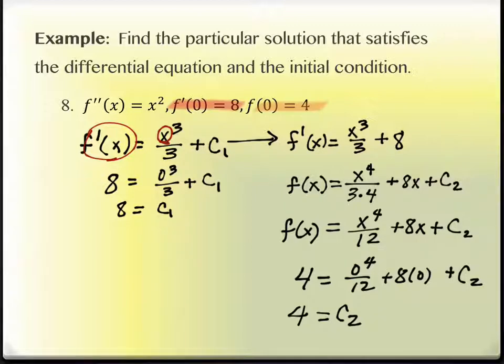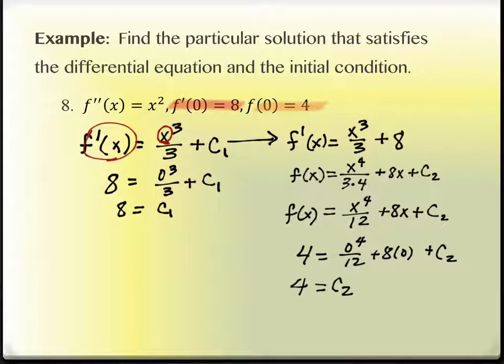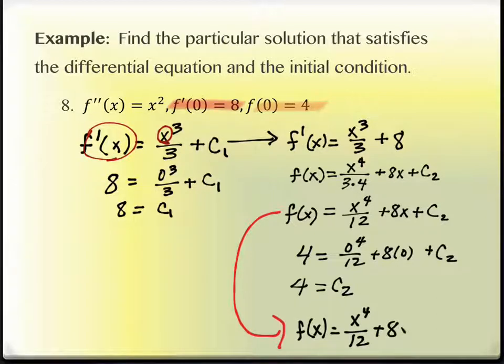And so my final answer needs to be that function I just found with the C2 value plugged in. So I will rewrite this piece right here. So I have f of x equals x to the 4th over 12 plus 8x plus 4.